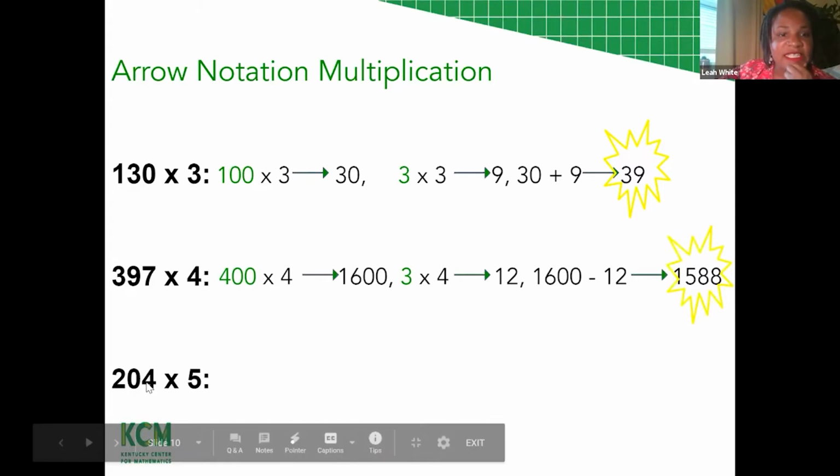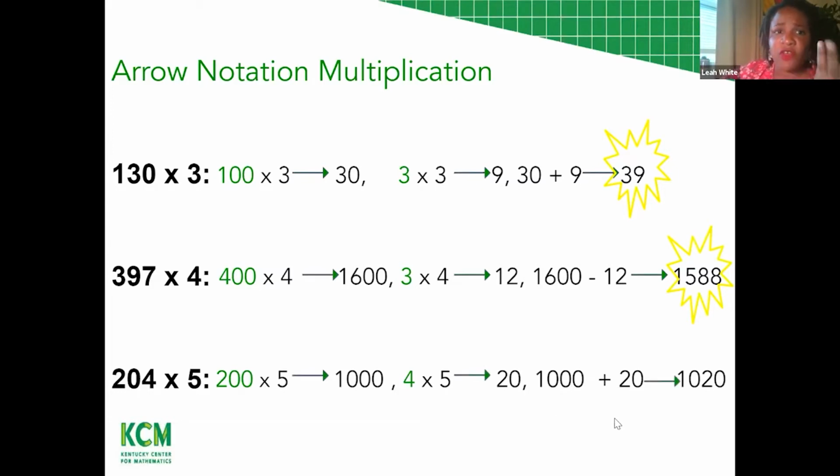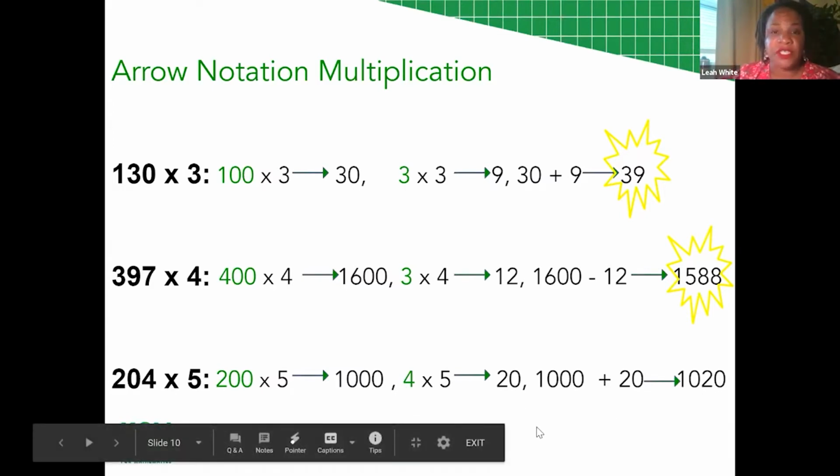And then with this last example we can decompose this number here as 200 times 5, which is 1,000, and 4 times 5, which is 20, and then find that sum. And so those are just two ways that both authors in both texts suggested we use different ways to record those notations for students prior to using the algorithm.